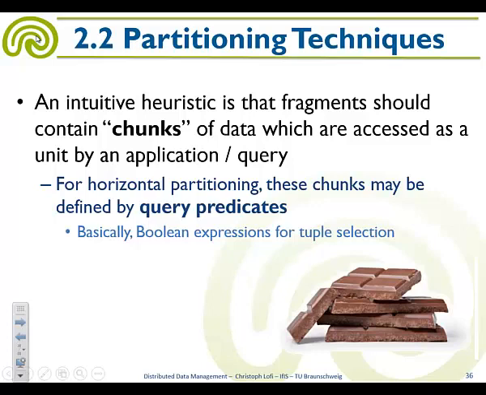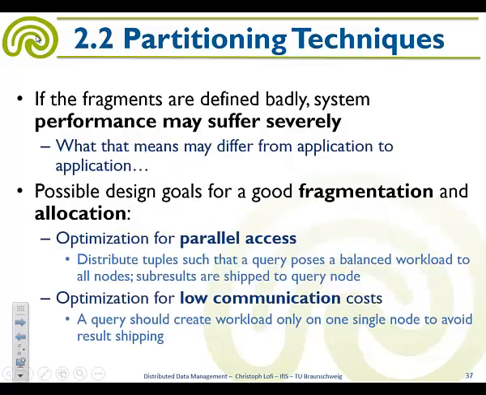And so we need certain heuristics to figure out how to partition our data. First we have to clarify for ourselves what it is we want to do. Do we want to optimize for parallel access, for low communication costs, for high replication, for whatever it is, and then depending on our goal, we can decide on a certain heuristic.